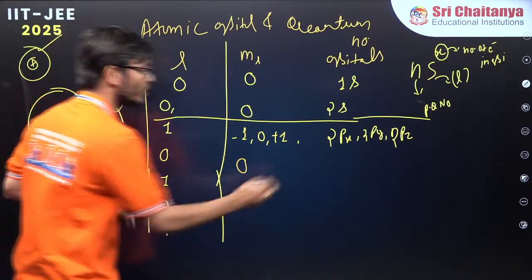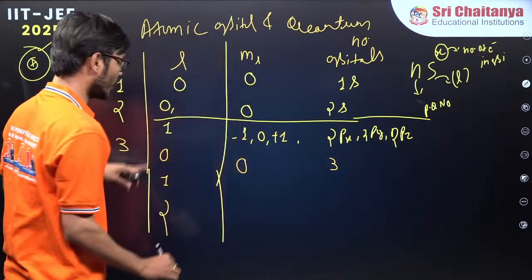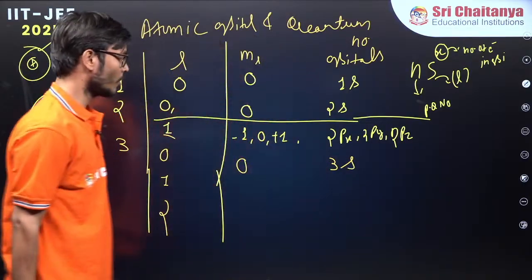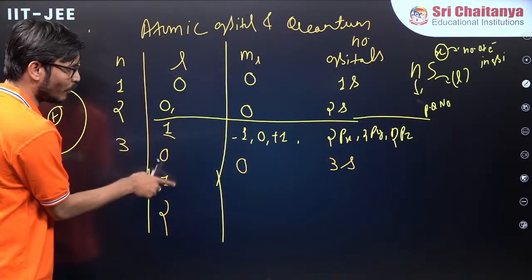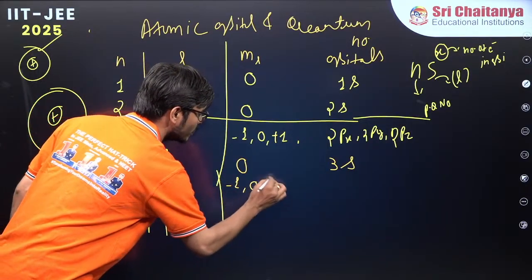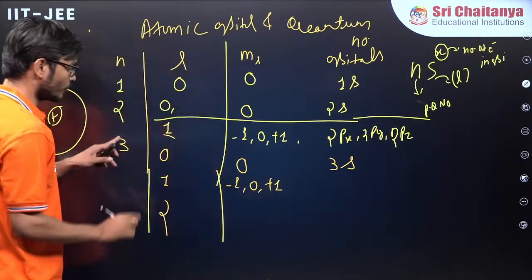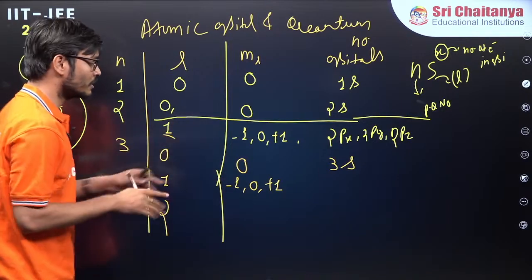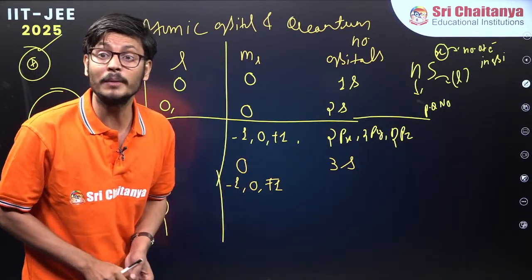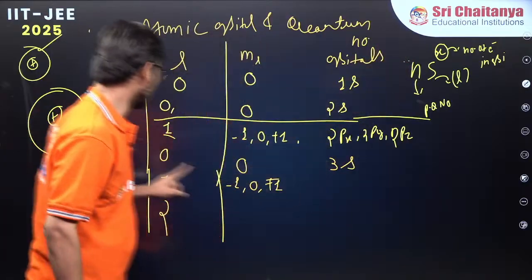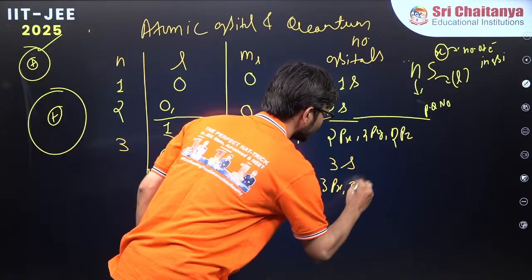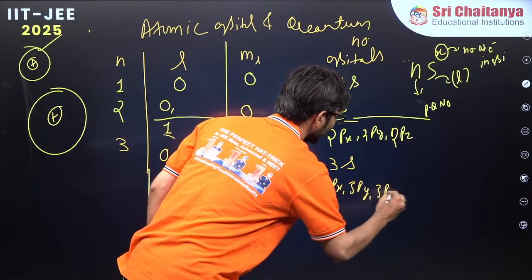So this is nothing but 3s. What about 1? For 3 with L equal to 1, ML values will be minus 1, 0 and plus 1. So these are 3p orbitals, and the principal quantum number is 3. So this will be 3px, 3py, 3pz.